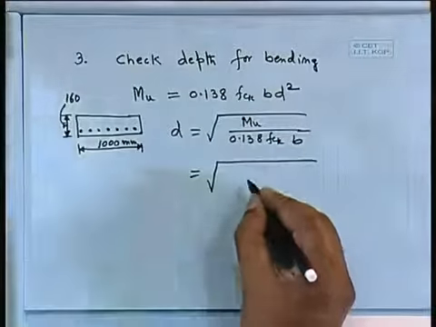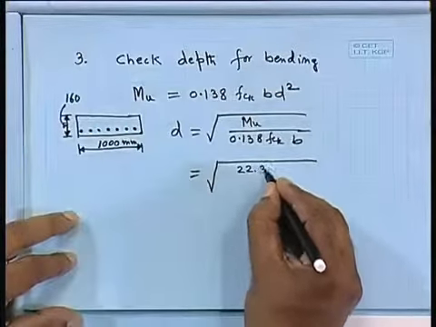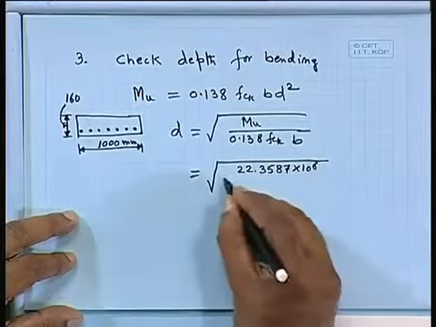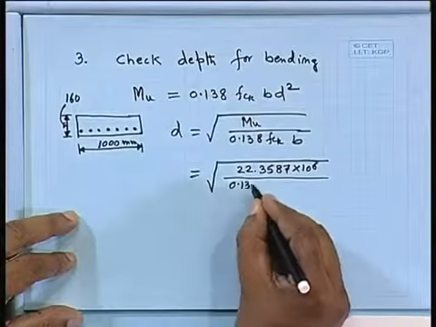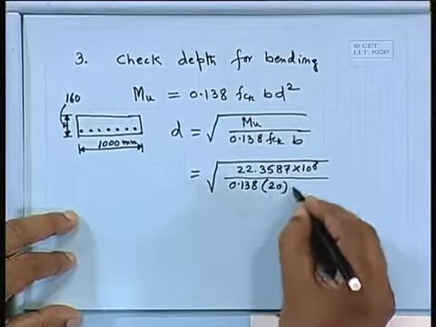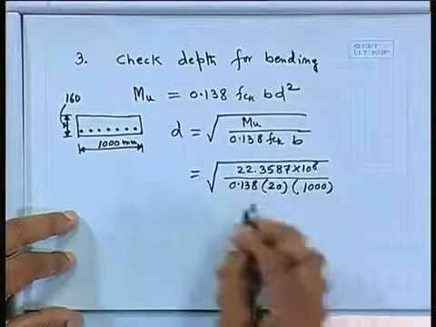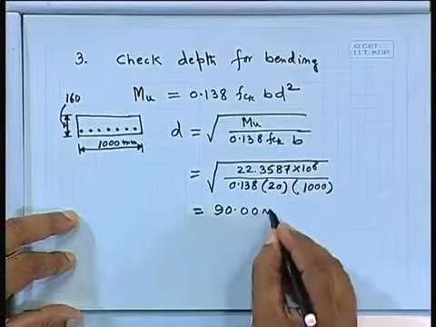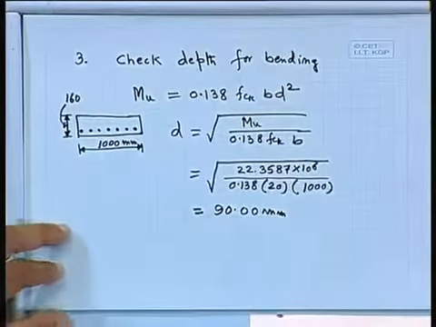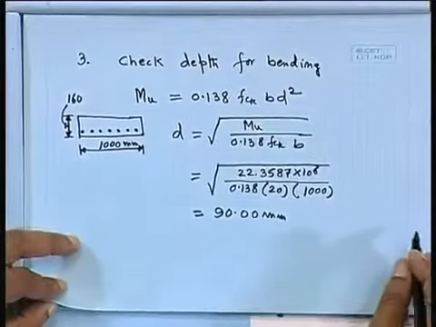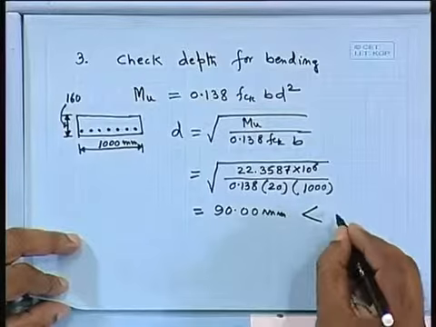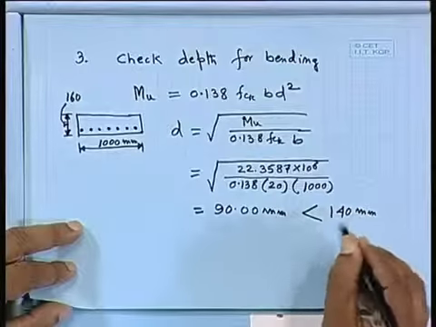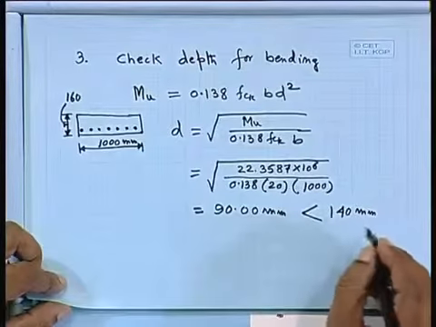So, 22.3587 into 10 to the power 6 Newton millimeter divided by 0.138 times 20 times 1000 equals 90 millimeter, which is less than 140 millimeter, the effective depth that we have got.